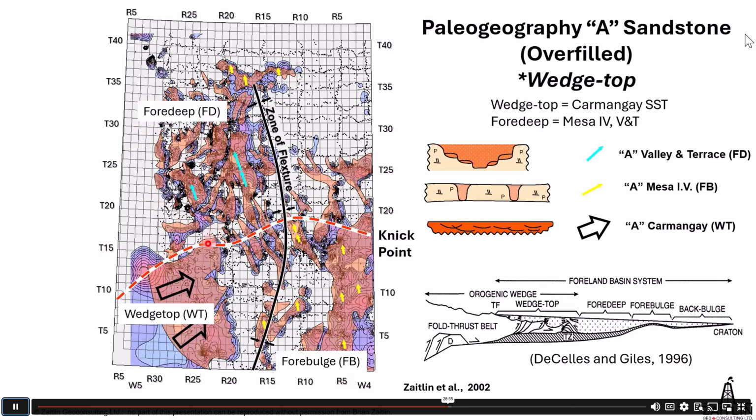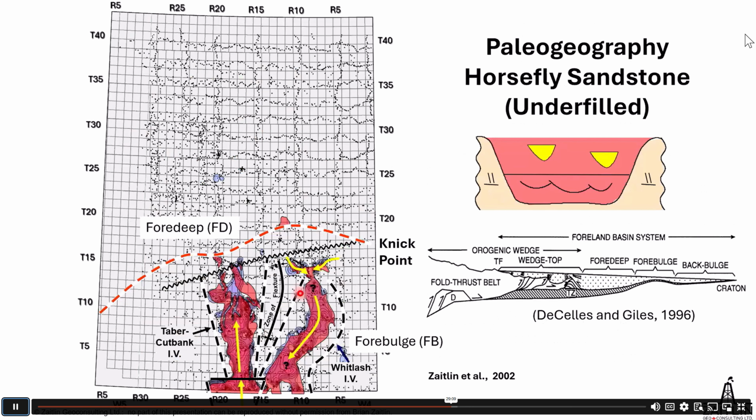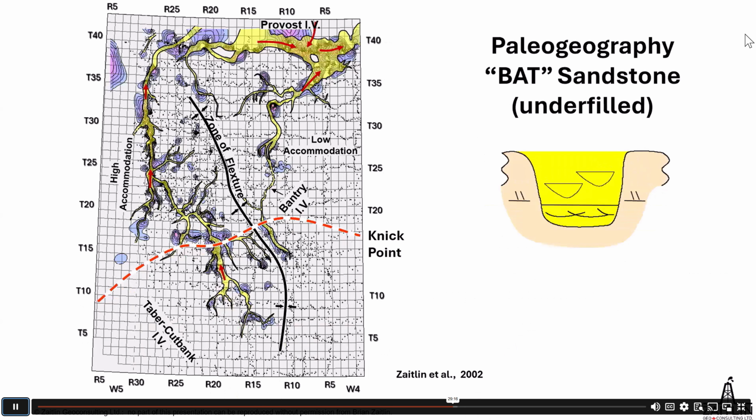So as being able to be used from a predictable point of view, by knowing that and how it relates to it, we're able then to know what we're going into when we're going into an area. We did the same thing with the Horsefly, which was present just to the south of the unit. But what I want to concentrate on is what was happening with the Bat type of unit, where we had that nice, well-developed unit that went from southern Alberta up through Crossfield and through there, that was on that zone of flexure.